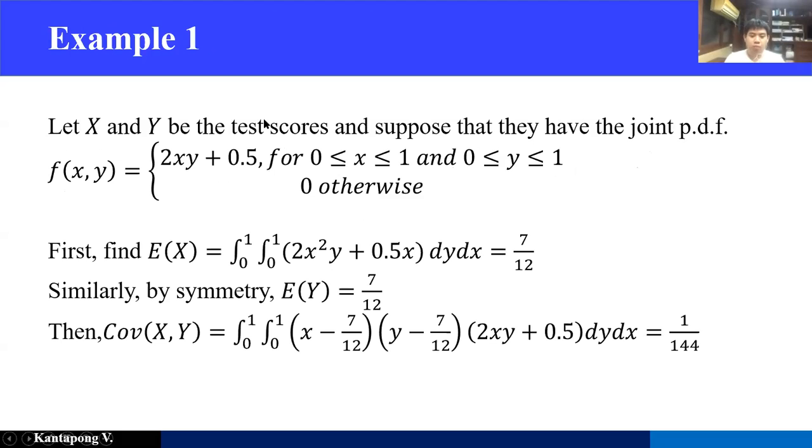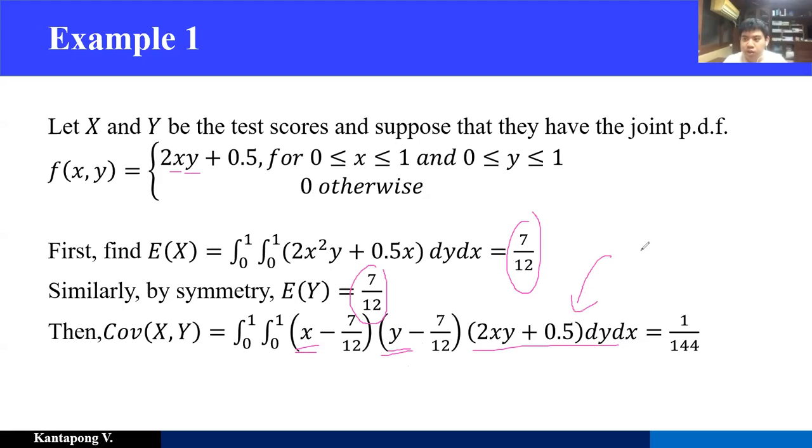The first example. We have this distribution and we want to find the correlation. First we find the expectation of X. We can integrate this times X. We get 7/12. And by symmetry, we can get the EY. For the covariance, we have to find XY times this distribution.